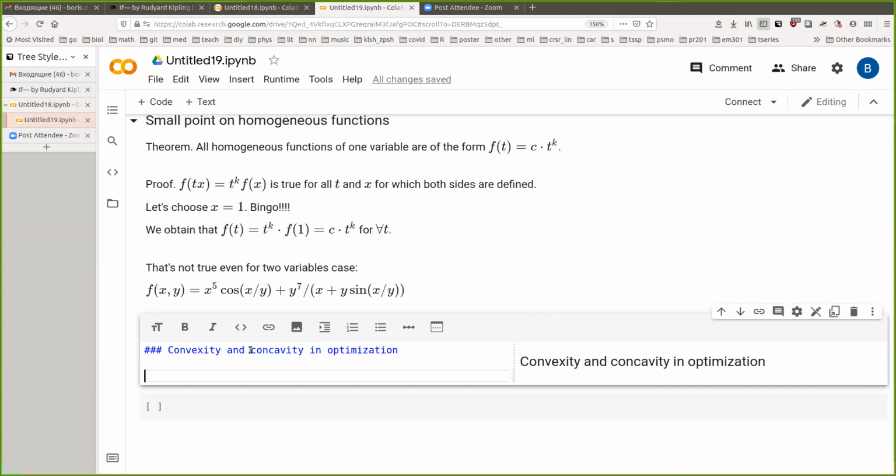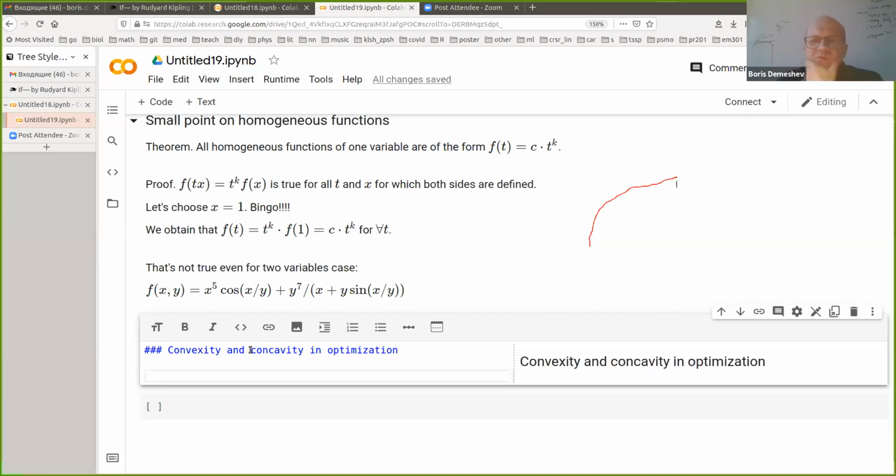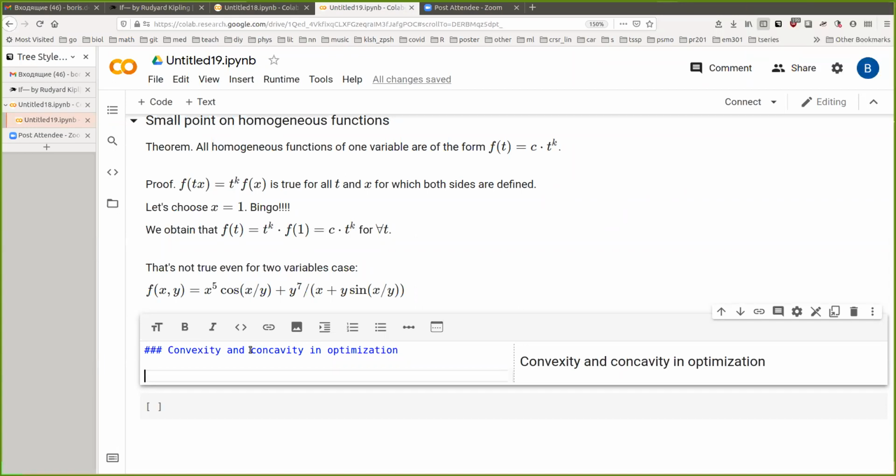That's why it's not strictly concave. I have two objections. First objection, it's not the exponent. Exponent of x looks different. Oh, I meant log, maybe.